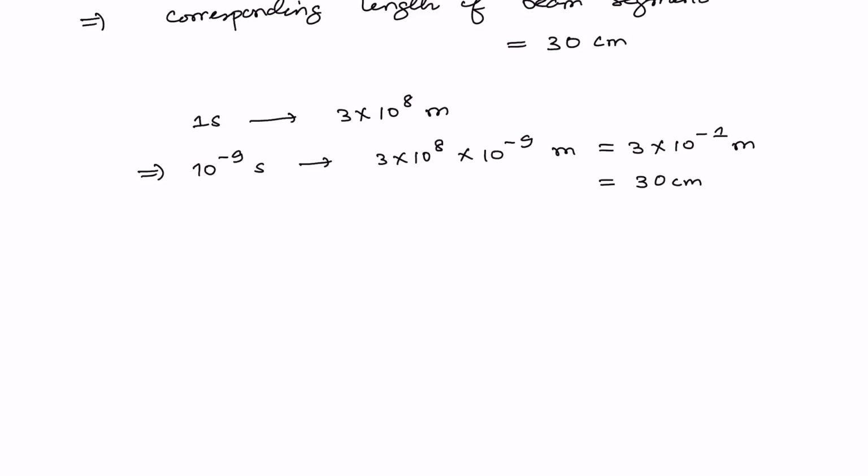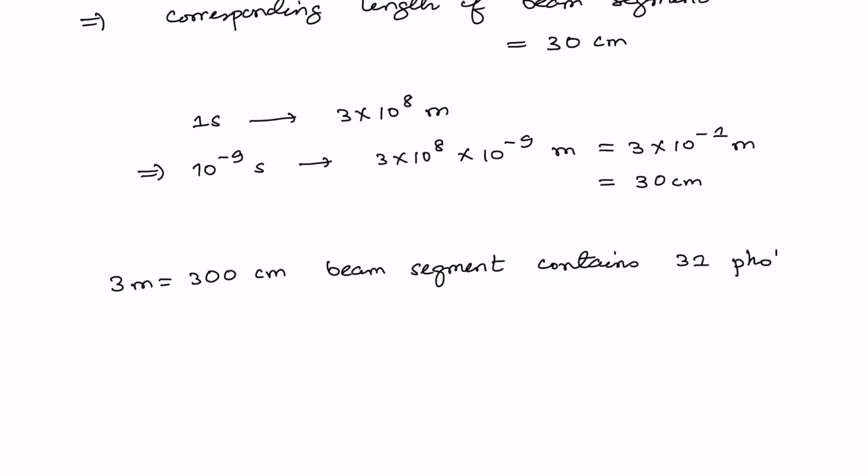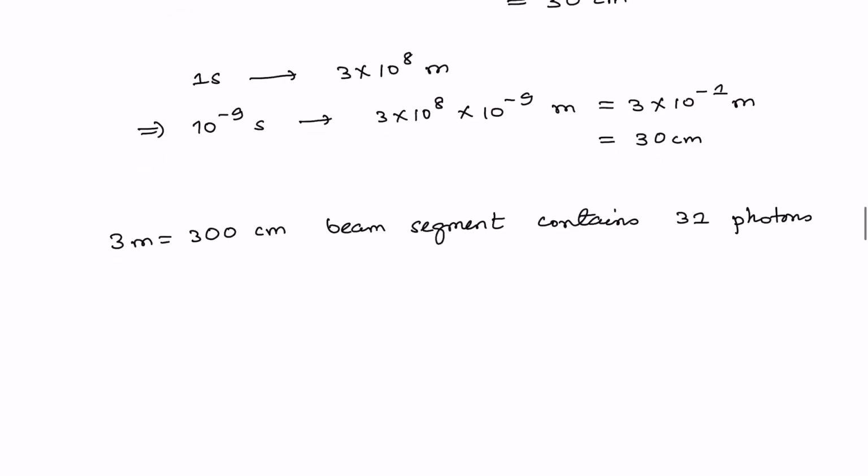Now we saw that 3 meter, or 300 centimeter, which is the length of the beam segment, contains 31 photons, right? So 30 centimeter of the beam segment, these are very elementary maths, has how many photons?